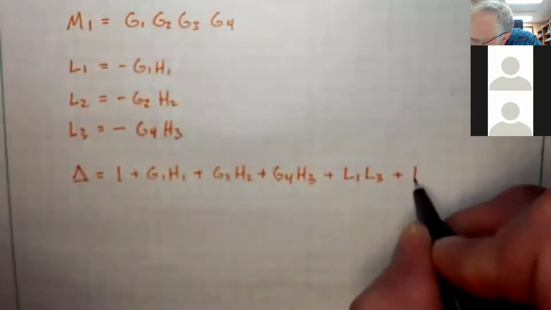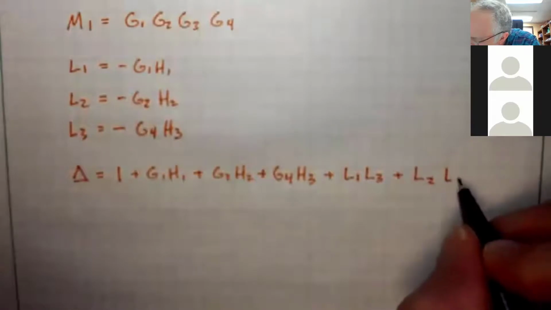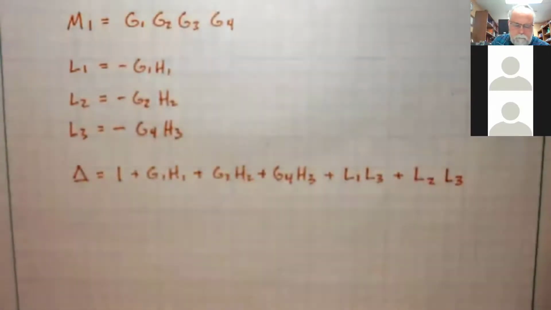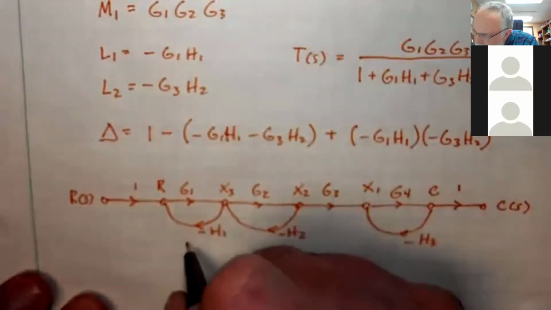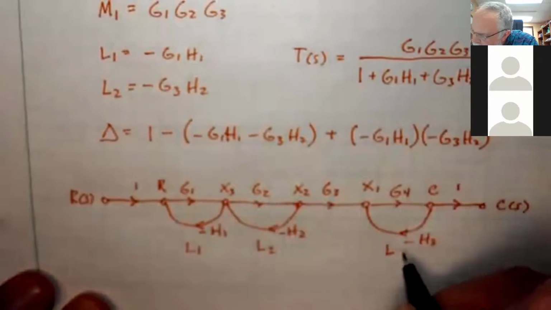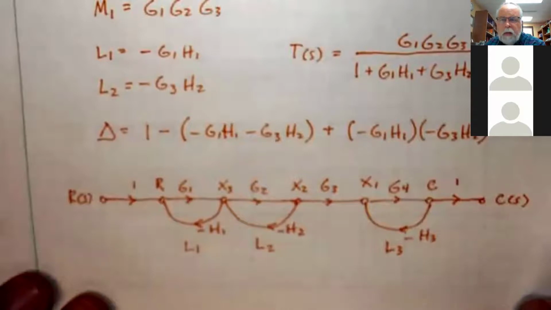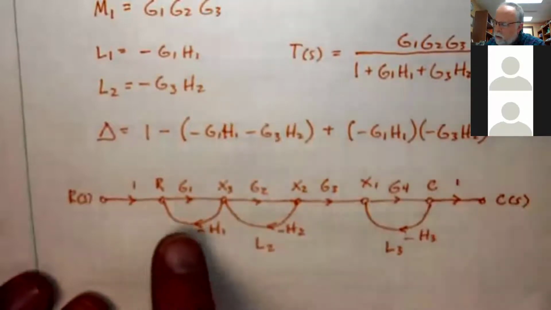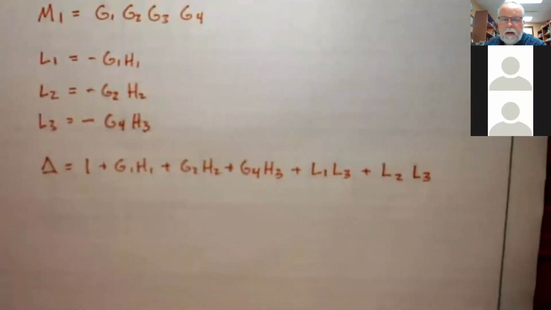And we've got loop 2 and loop 3. I call this loop 1. This is loop 2. This is loop 3. Okay. So 1 and 3 are non-touching. 2 and 3 are non-touching. That's what I have there.